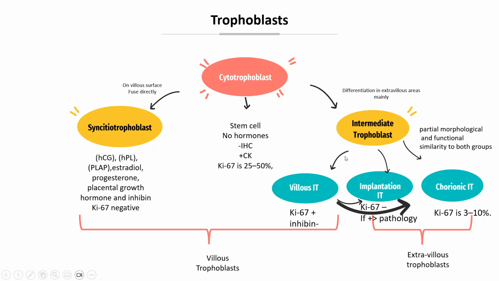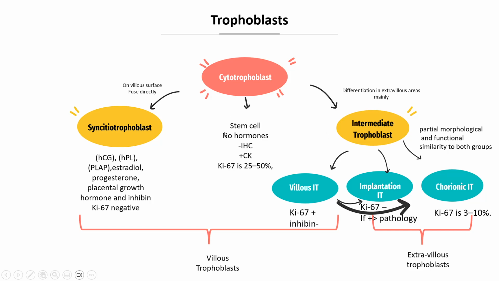So trophoblasts are further classified into three histological subtypes. We have the cytotrophoblast, the syncytial trophoblast, and the intermediate trophoblast. The cytotrophoblasts are the stem cells. These are cells that are capable of differentiating into the syncytial trophoblasts and the intermediate trophoblasts afterwards.